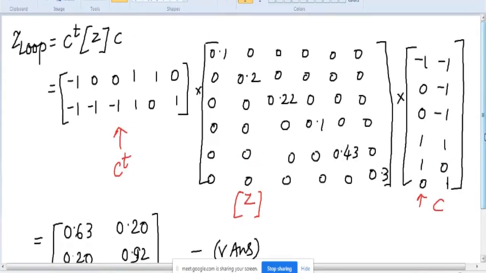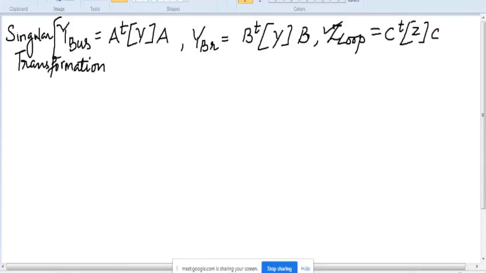Even though in the numerical they have not asked us for the other two matrices, that is the bus admittance matrix and the branch admittance matrix, we will solve them also, because we want to know how these are solved.